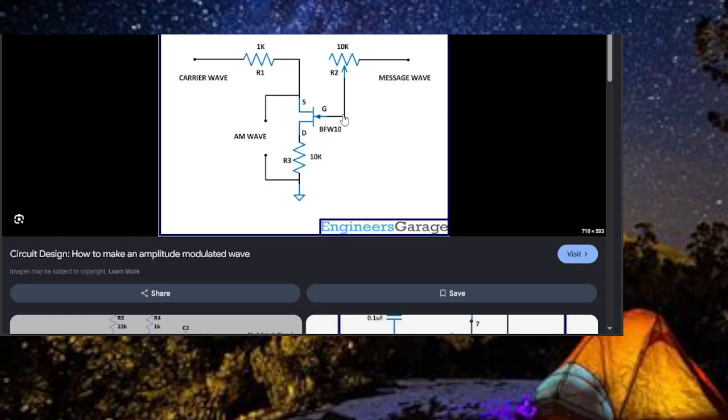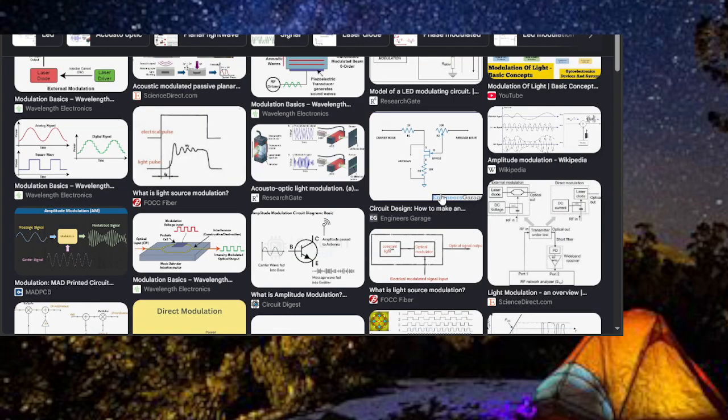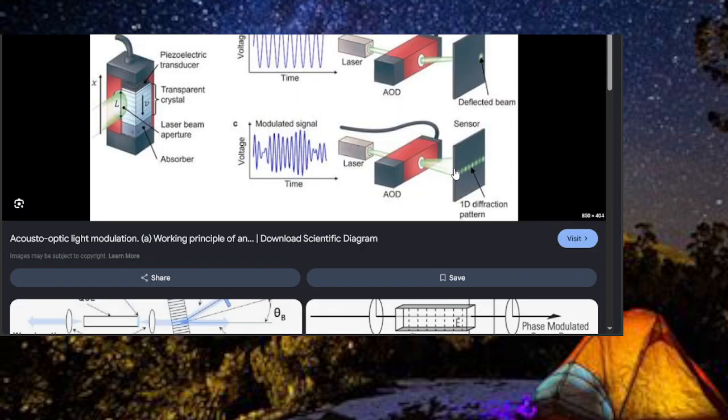So you can do this with the FET. Diffraction pattern, modulated signal, voltage, deflected beam.